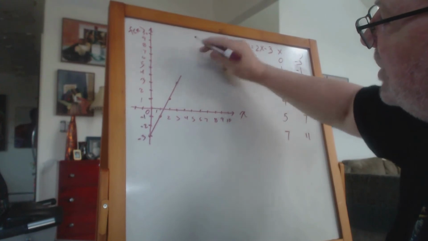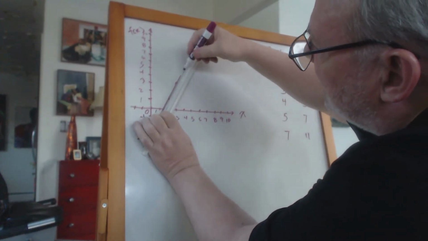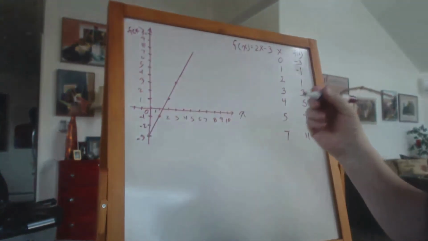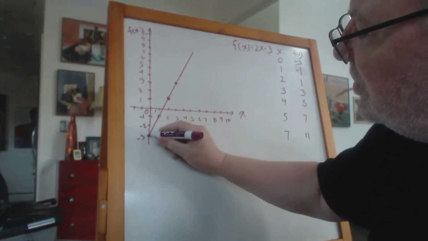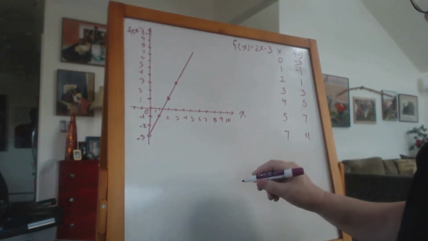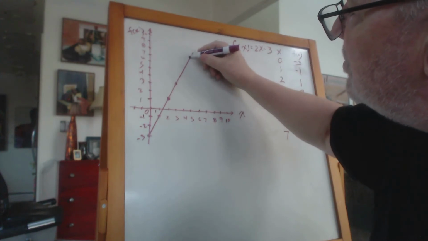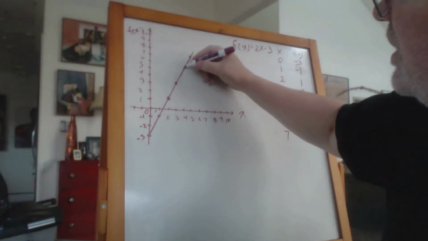That's not a very straight line. We get a line if we pass the ruler through the points. We have 4 points: 5 is at 7, so it's up there, and 4 is at 5.